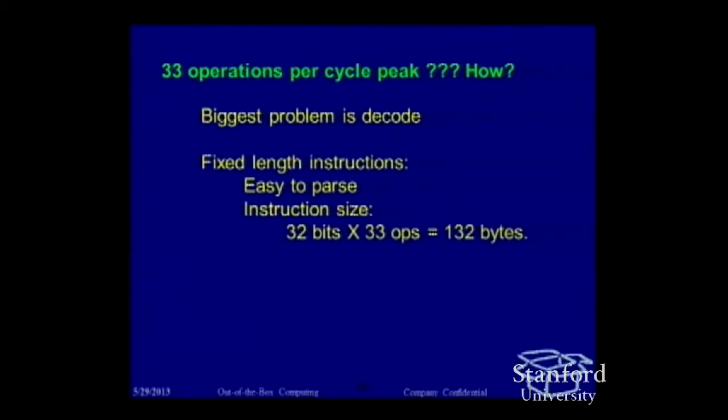But if each instruction is 32 bits, and you have 33 of them, the total space is 132 bytes. That's over 2 cache lines at 64 bytes per cache line. And you're simply not going to be getting 2 cache lines per cycle out of your top-level instruction cache. So that's pretty hopeless. It's an ouch.